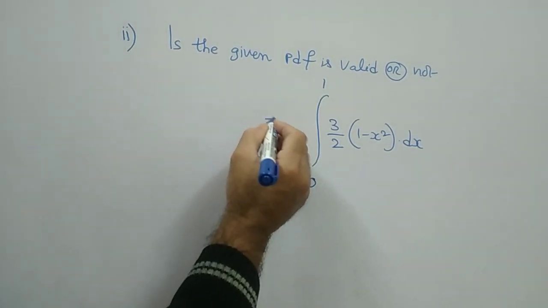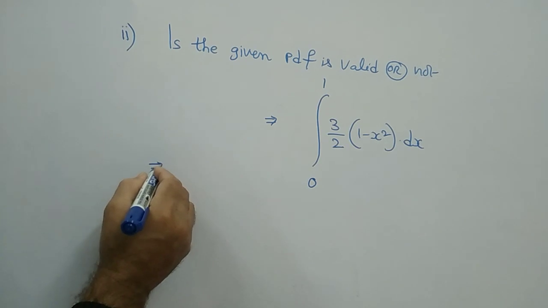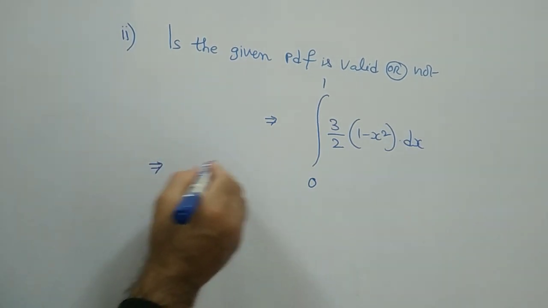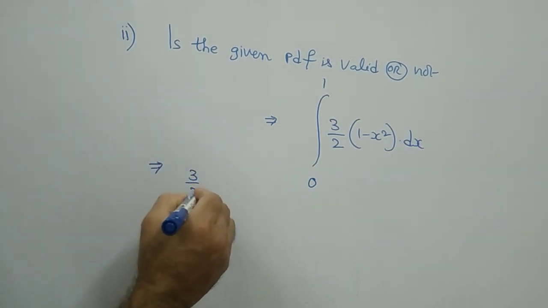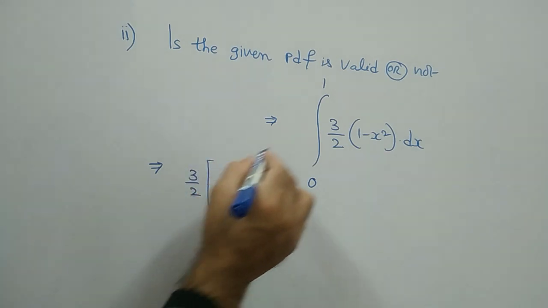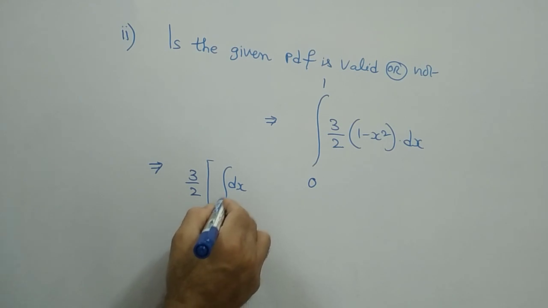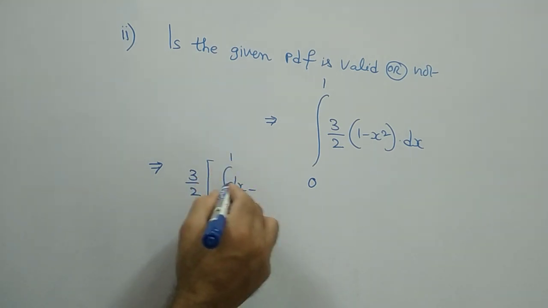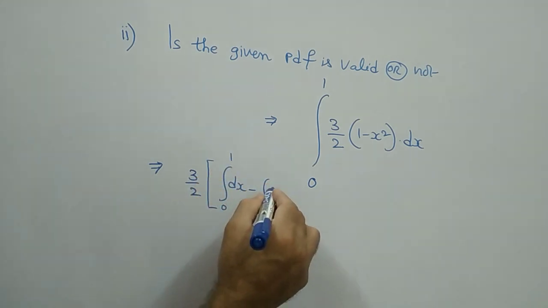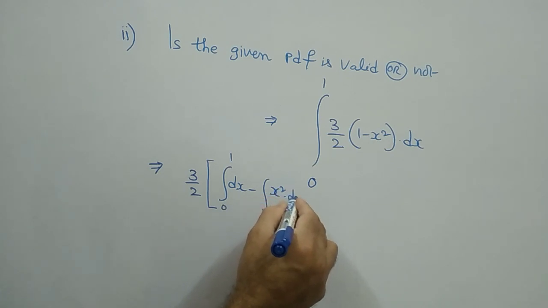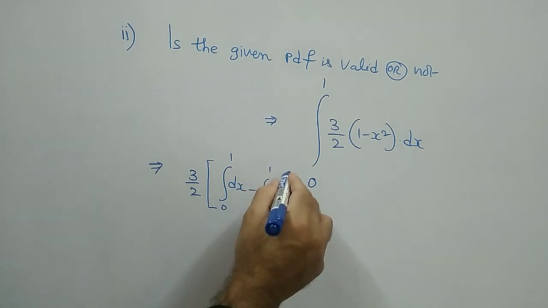If you evaluate this, you will get 3 by 2, which is a constant, times the integral of dx from 0 to 1, minus the integral of x square dx from 0 to 1.